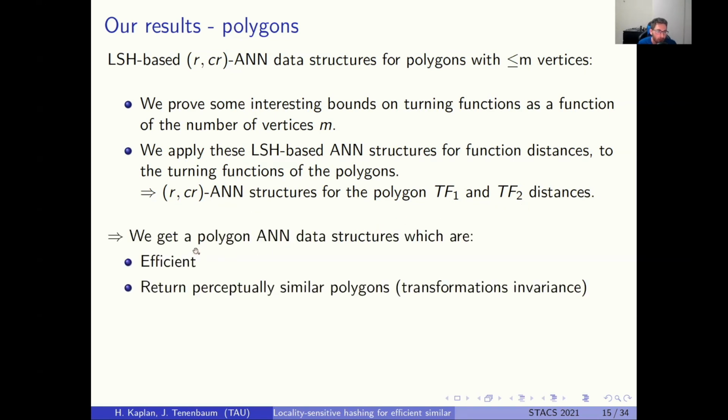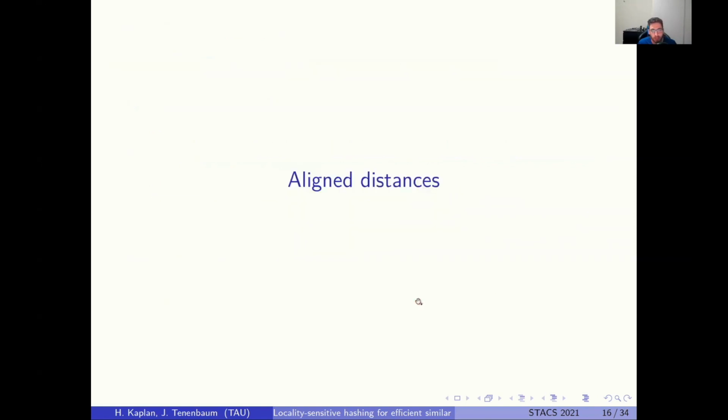That means that we get a polygon approximate near neighbor data structure which is efficient and returns perceptually similar polygons, which are invariant to transformations. We now go through our results, building them up from approximate near neighbor structures for the aligned distance to structures for vertical and horizontal shift invariant distances, and finally bounding and applying them to turning functions of polygons to give similar shape retrieval structures. We start with the structures for the aligned distances.